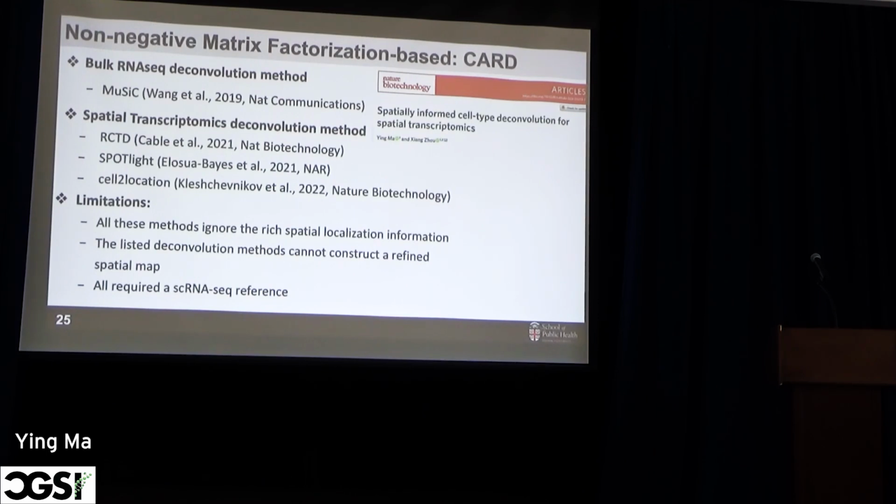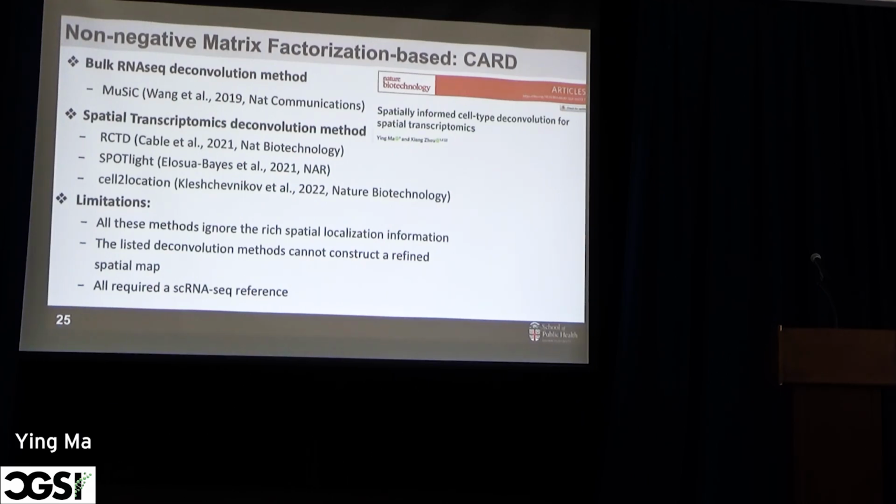Also, the listed deconvolution methods cannot give you a refined spatial map. What that means is they can only generate a cell type proportion estimate for each location. They still cannot give you a high resolution imputed gene expression that represents near single cell or subcellular resolution. Also, all the previous methods require a single cell reference.